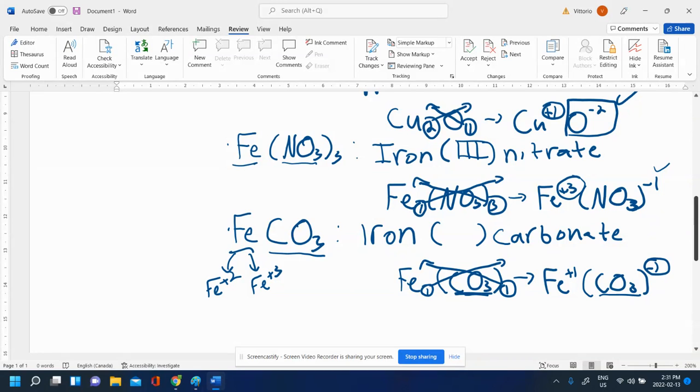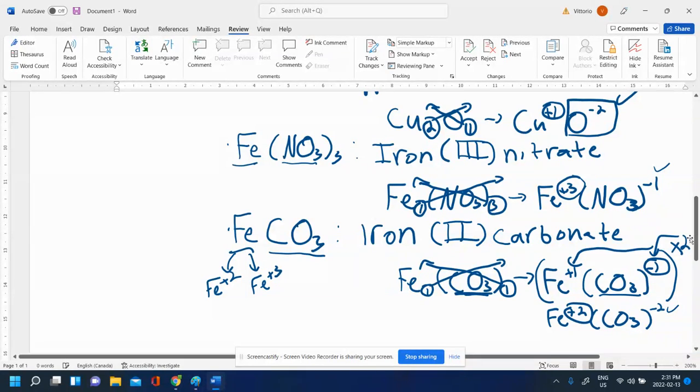That means it was divided by 2 in the reduction, so we have to unreduce by multiplying everything by 2, and that gives us Fe plus 2, CO3 minus 2. And so now our charge here is correct, so that means this is actually +2, not +1.